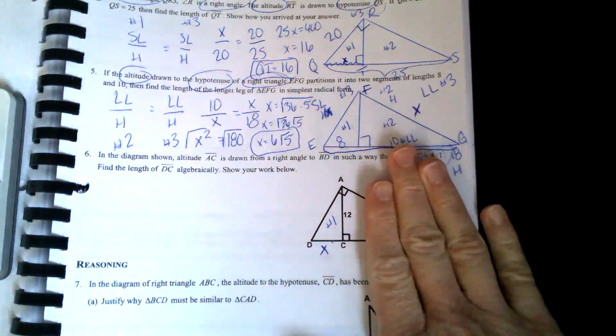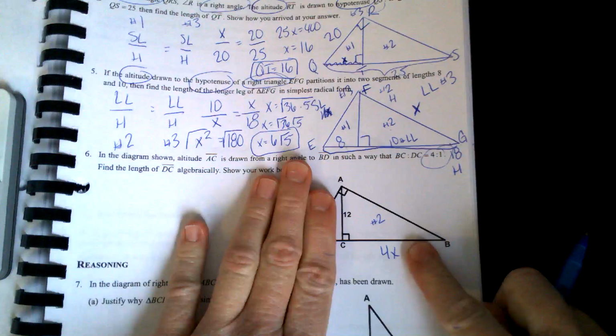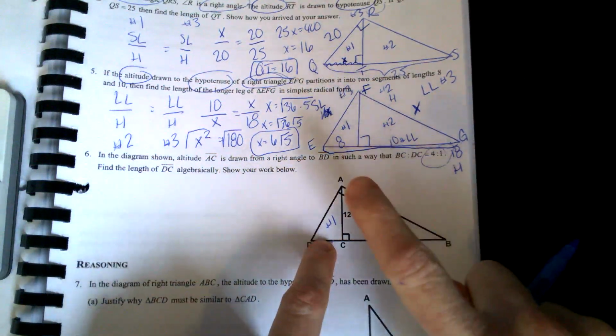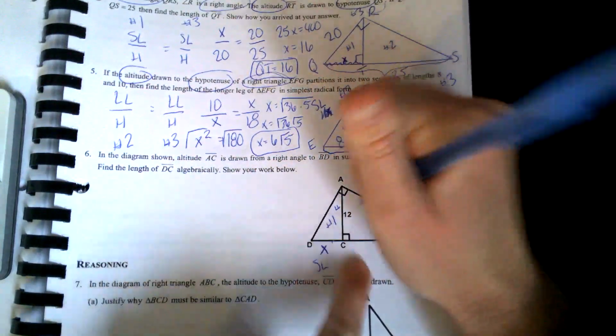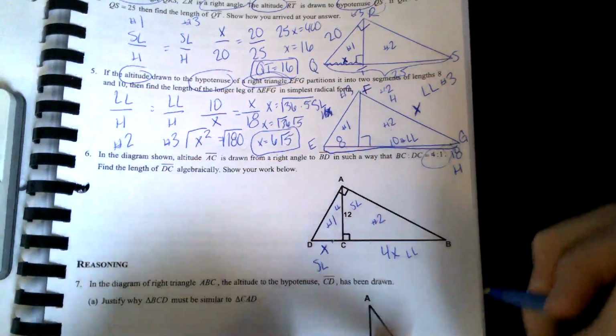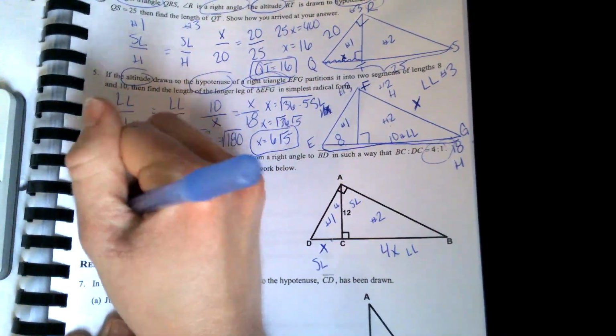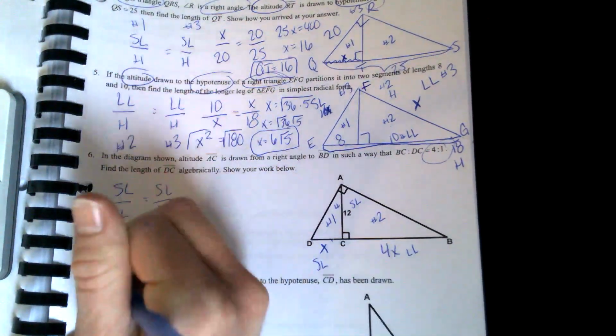Now we were given 2 sides for triangle number 1 and 2 sides for triangle number 2. So we're going to use triangle number 1, triangle number 2. So this is the short leg and then long leg of triangle number 1. This is short leg of triangle number 2 and long leg of triangle number 2. Okay, so short leg over long leg is equal to short leg over long leg.